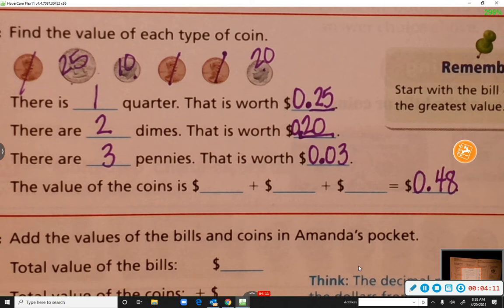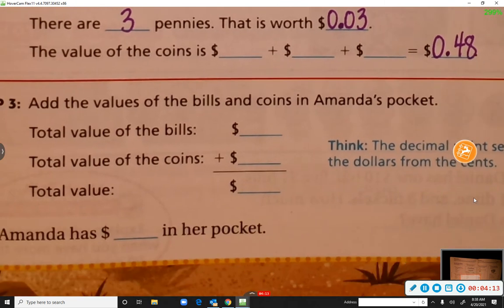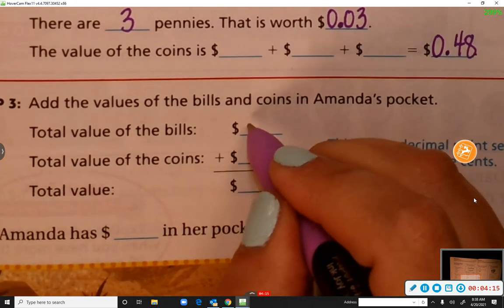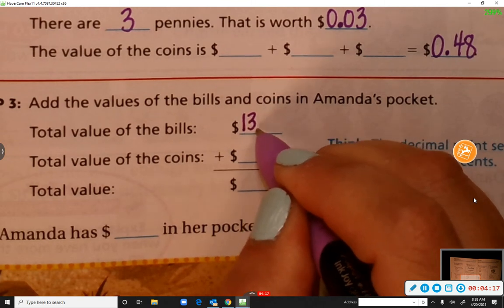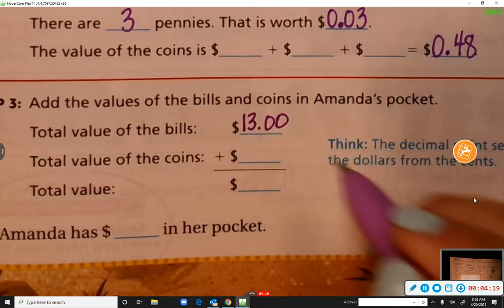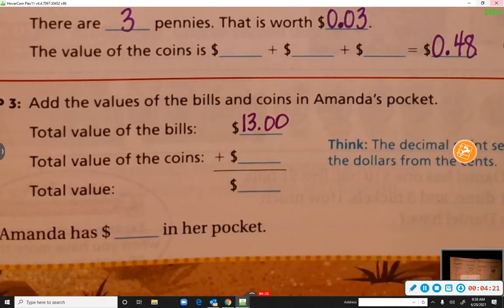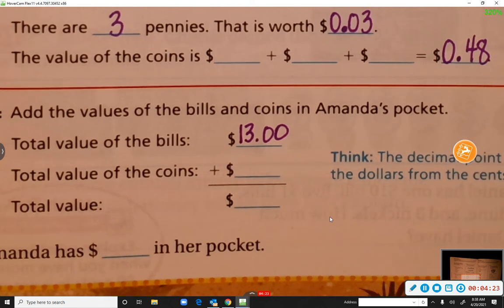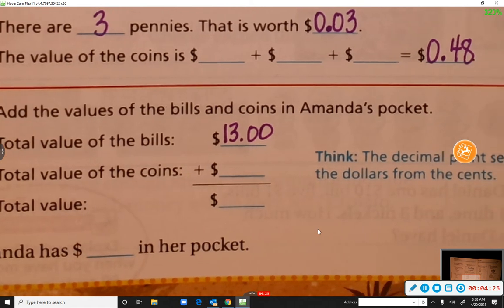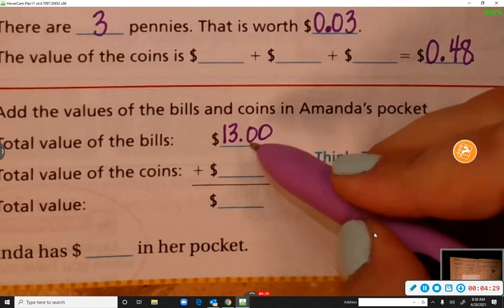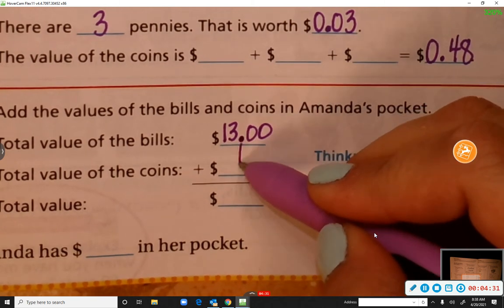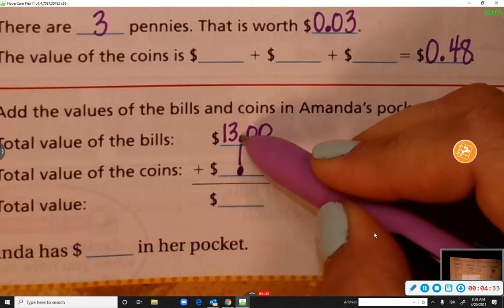Alright, so step 3 is to add the bills and the coins. So I have $13 in bills. Okay, and now the decimal point is important here because we need to make sure that we're lining up our dollars and our cents.